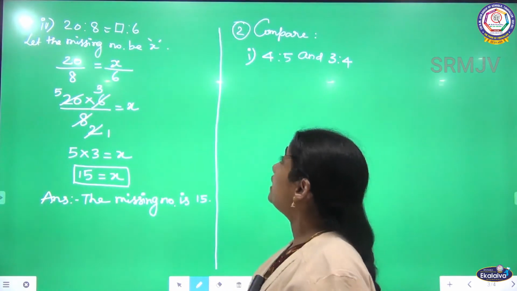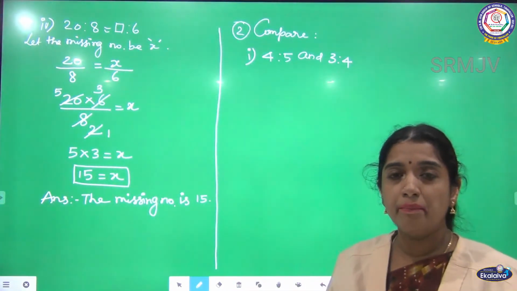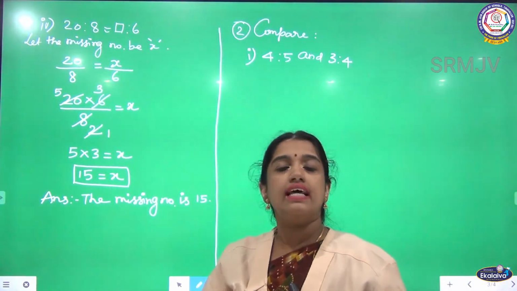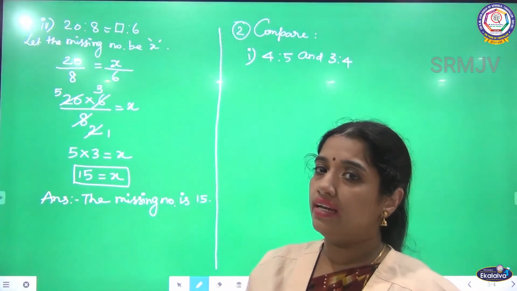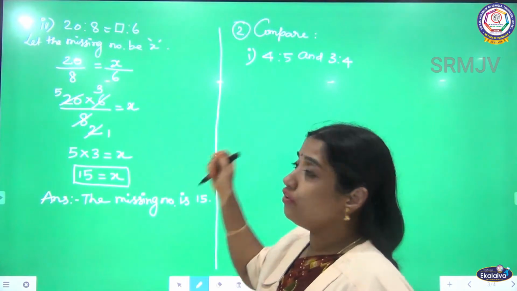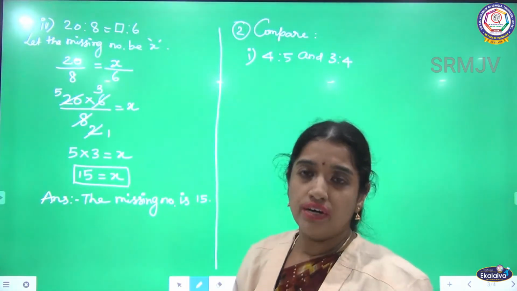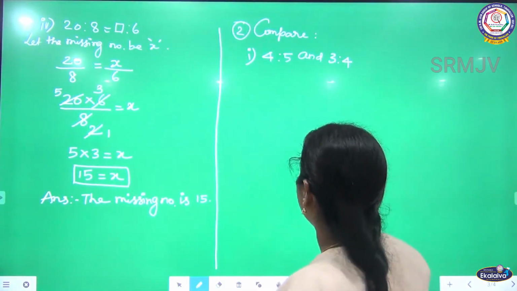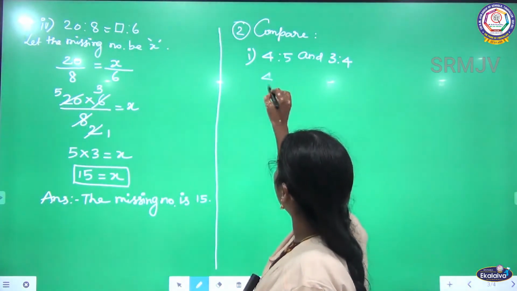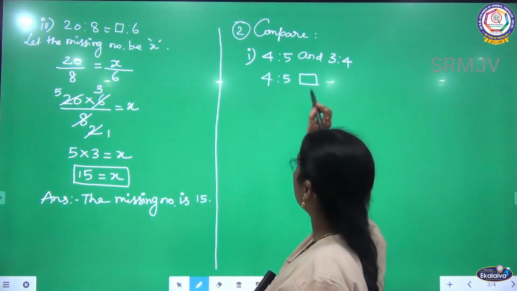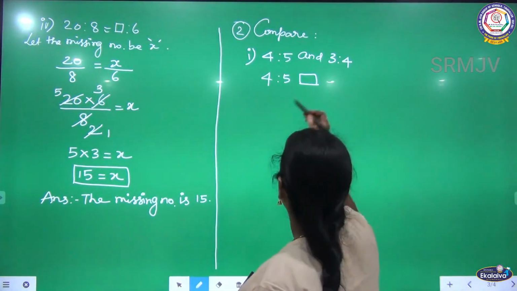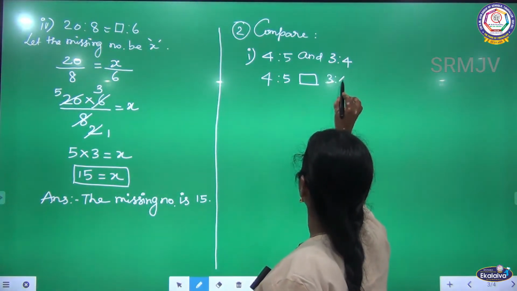Now I am going to compare. Compare means what? Whether it is less than or greater than or equal. So here I am going to compare the two ratios. Okay, listen here. 4:5. Just make a box like this, and 3:4.